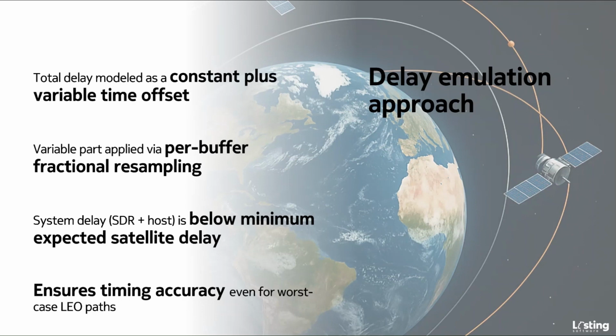One concern with SDR-based emulation is added system latency. We measured this within the full chain, from SDR input through host processing to SDR output, and confirmed it stays below the minimum delay for even the closest LEO satellite pass.